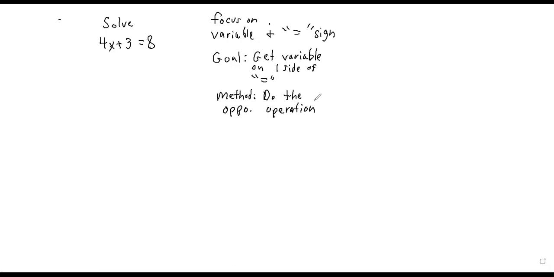Opposite operation on what? On the variable, right? So we look at this, right? We say the focus is on the variable and the equal sign. That's the two most important things, right? We're going to look on the variable side of the equal sign. And whatever math operation we see happening to our variable, we're going to do the opposite. We're going to continue doing that until we hit our goal, which is to get the variable on one side of the equal sign by itself, okay?